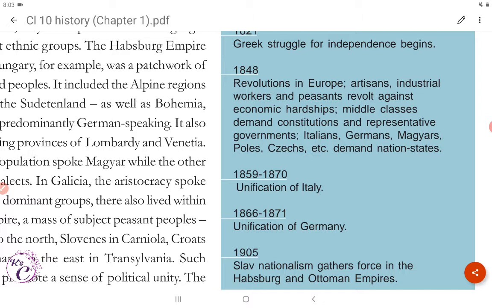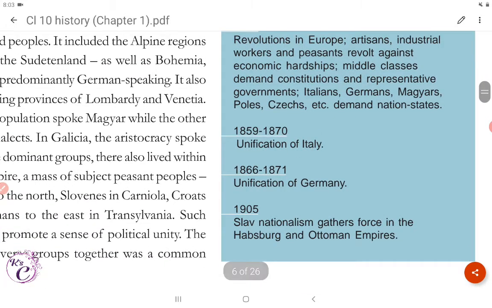Italians, Germans, Magyars, Polish, Czechs, etc. demand nation states. 1859 to 1870, Unification of Italy. 1866 to 1871, Unification of Germany. 1905, Slav nationalism gathers force in the Habsburg and Ottoman empires.